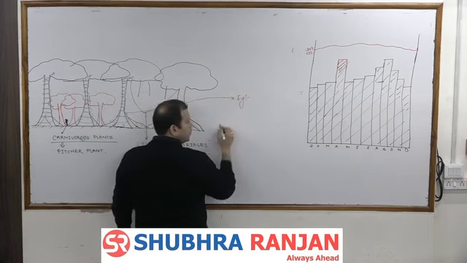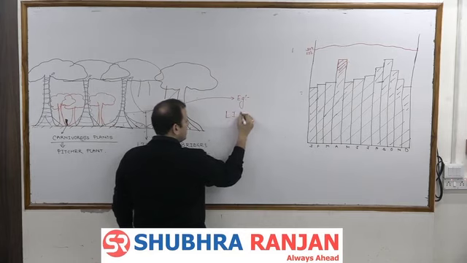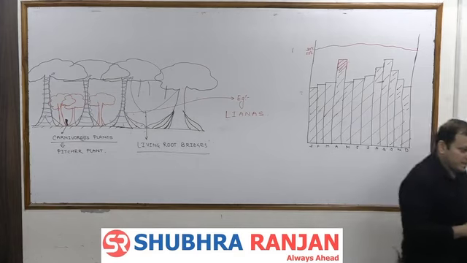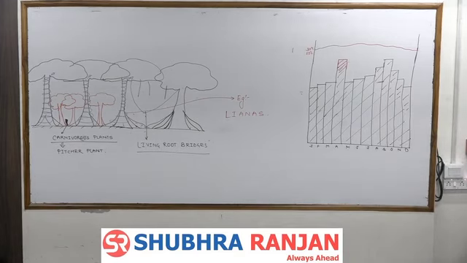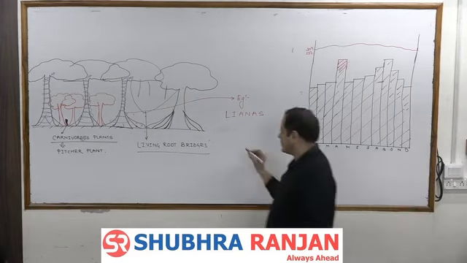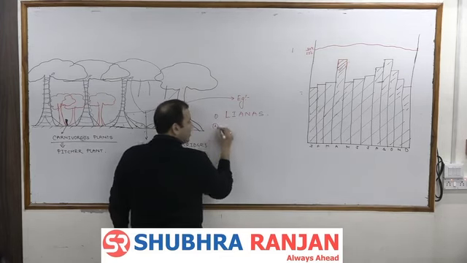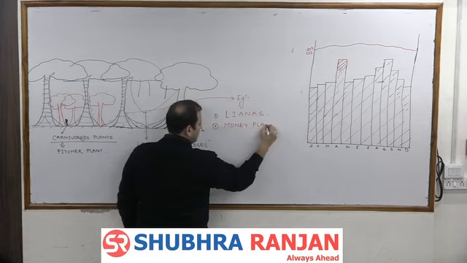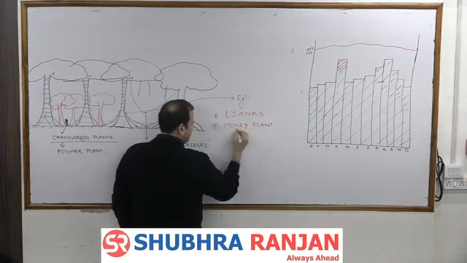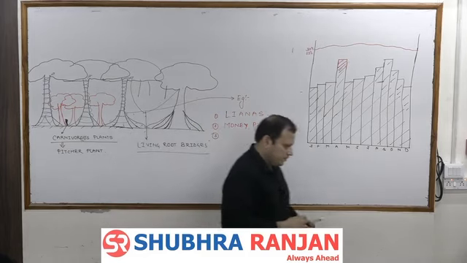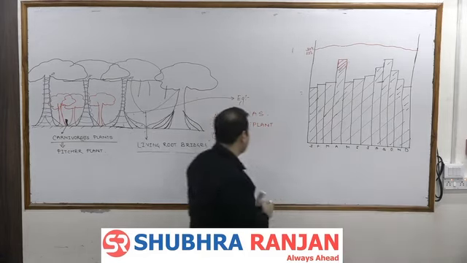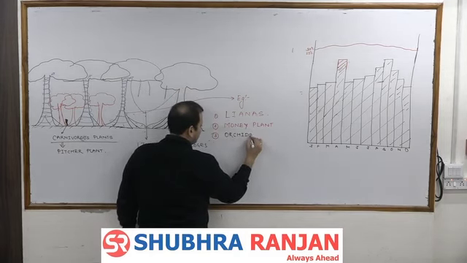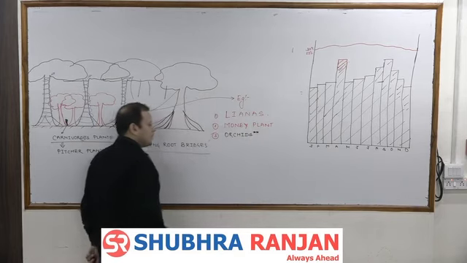A common UPSC example of climbers is lianas. Second, money plant. Third, orchids.